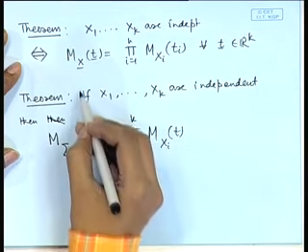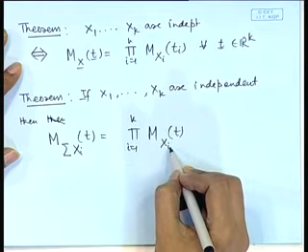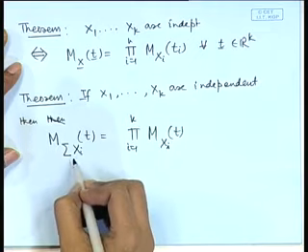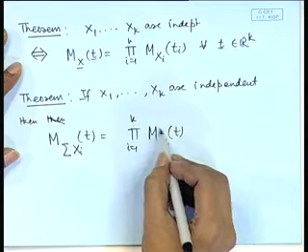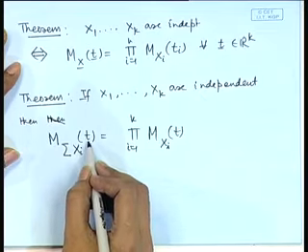Now, this is a very useful tool in evaluating the distributions of sums of random variables. Given that certain random variables are independently distributed, if we are interested in the distribution of the sum, then we simply multiply the MGFs of the individuals and notice what the form of that is. If it is identifiable with a certain distribution, then we know the distribution of the sum without going through the usual procedure of transformations.